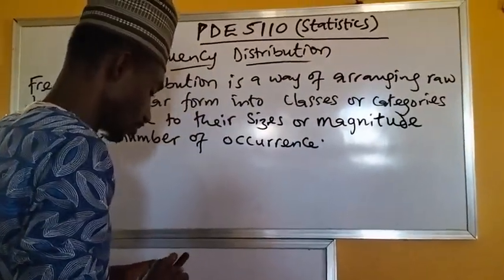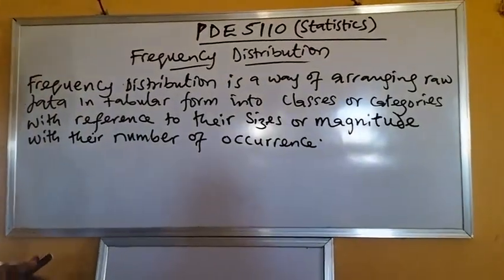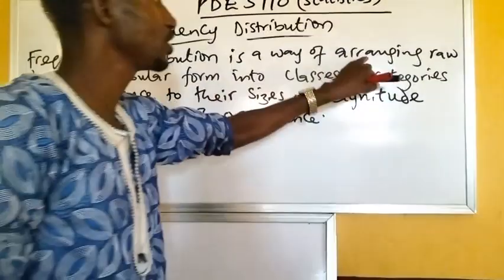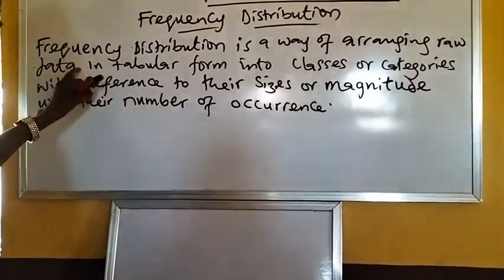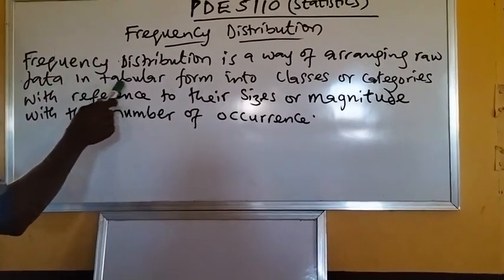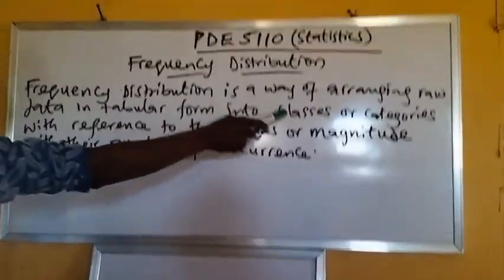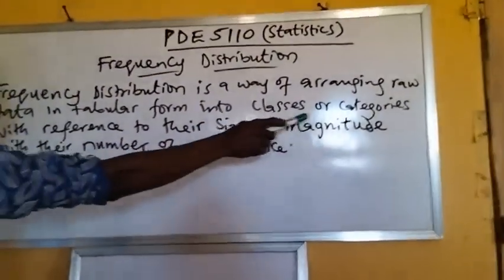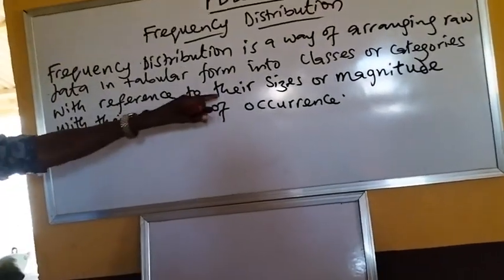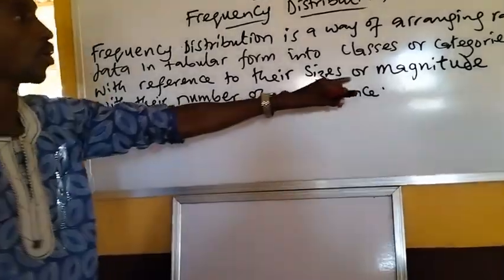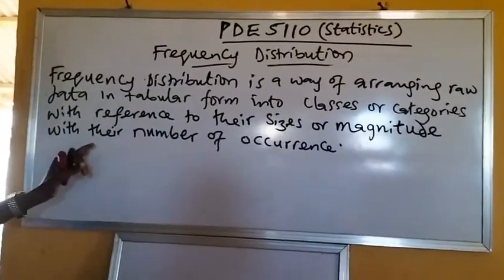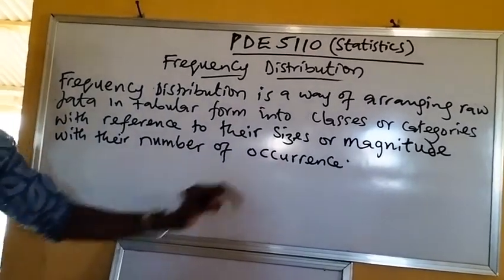Now, here we say frequency distribution is a way of arranging raw data in tabular form into classes or categories with reference to their sizes or magnitude with their number of occurrence.